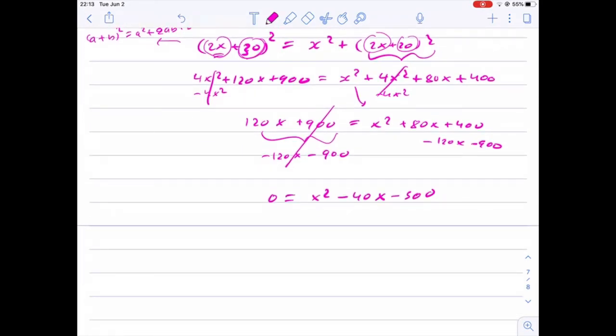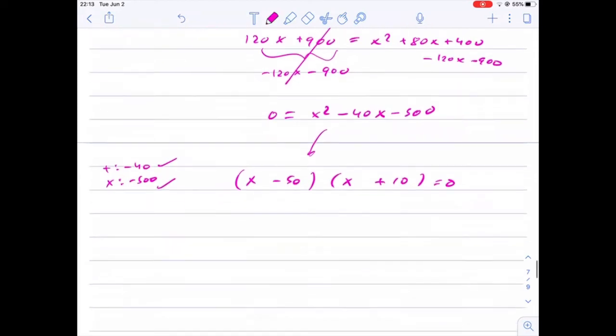Now we got a quadratic equation, so we can solve it by factoring this expression. So we have x here. We find two numbers where the sum is negative 40 and the product is negative 500. The two numbers are negative 50 and 10. So this is equal to 0.